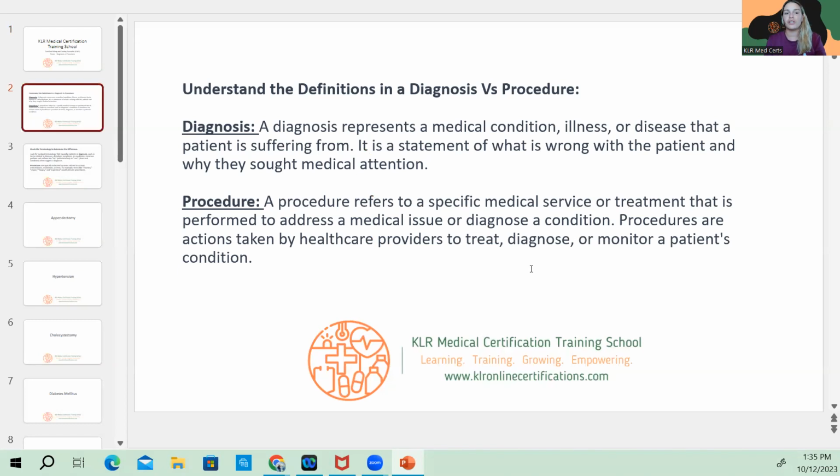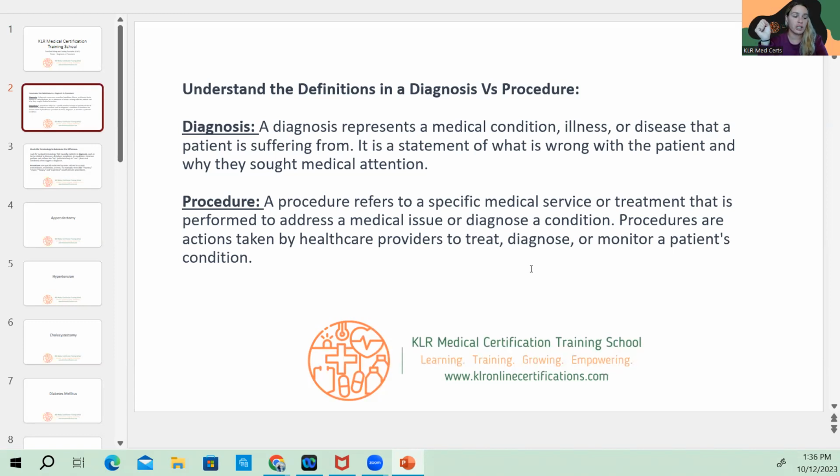I think the first thing for us to do is to understand the definition of a diagnosis versus a procedure. I want to first mention that a diagnosis can also be called a condition, and it could be called an illness. A diagnosis represents a medical condition, illness, or disease that a patient is suffering from, and it's a statement of what is wrong with the patient and why they sought medical attention.